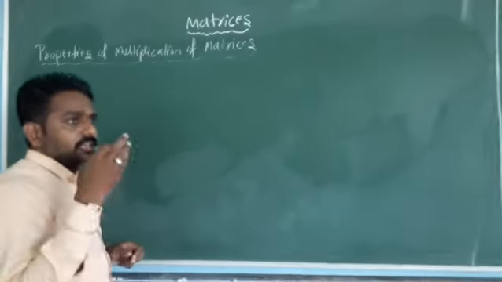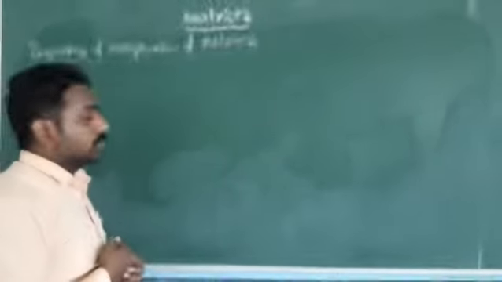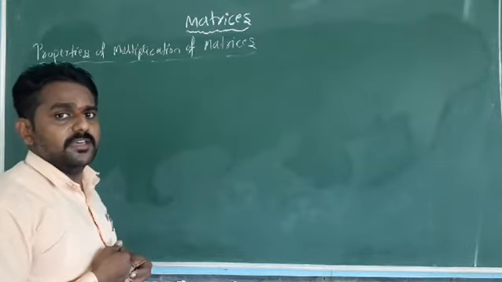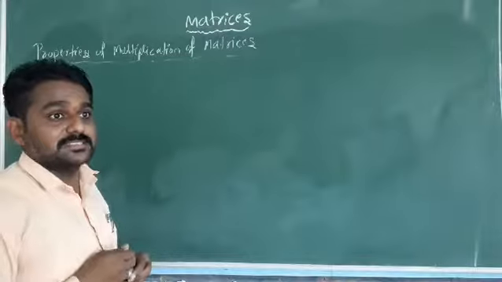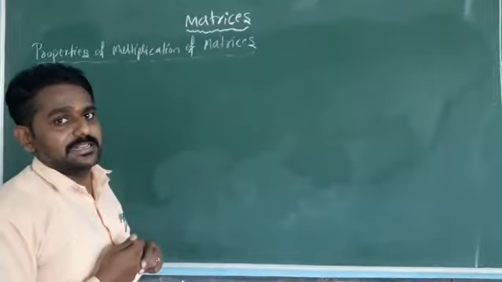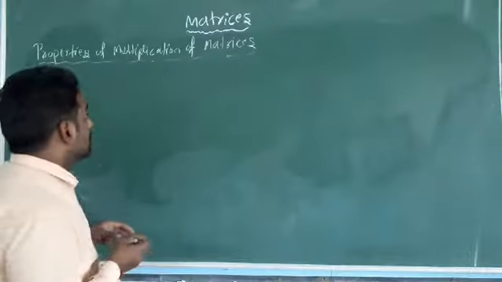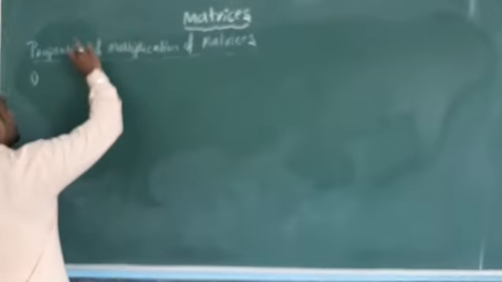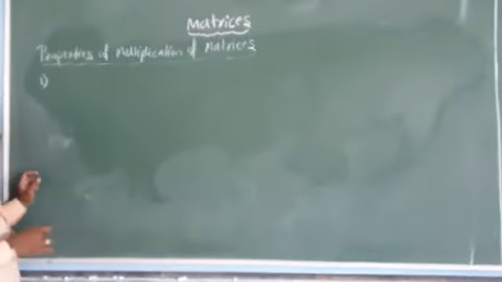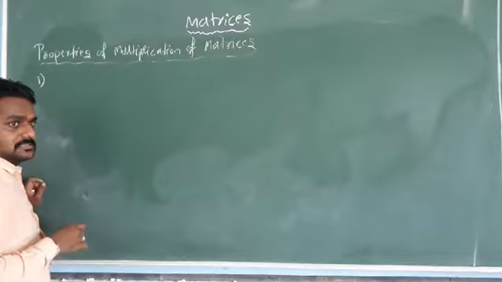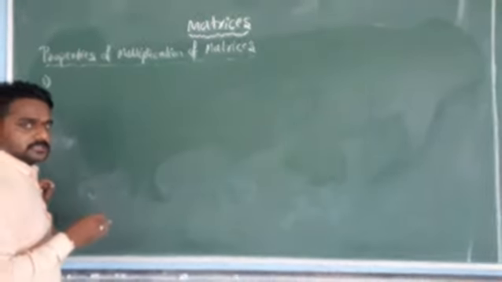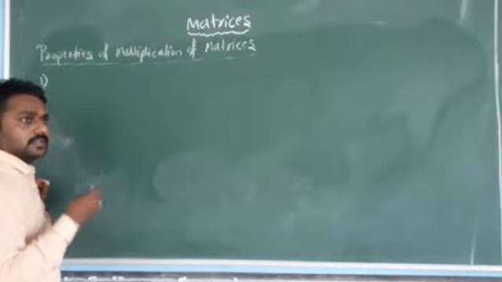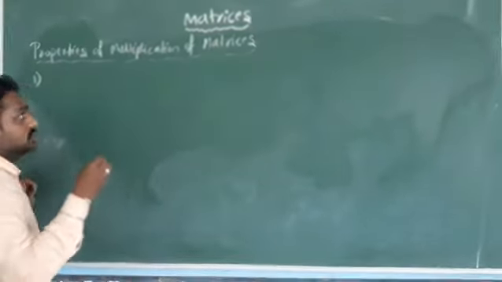We already proved that the commutative property does not follow in matrix multiplication other than for diagonal matrices or scalar matrices. For all matrices, if they are conformable for the product, the associative law is allowed.